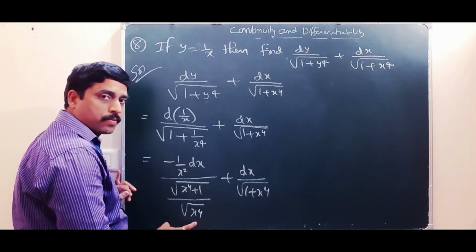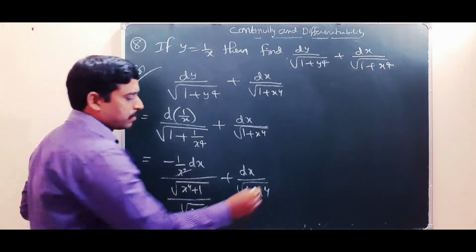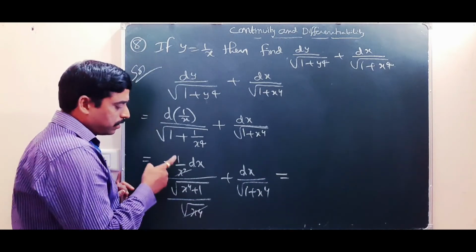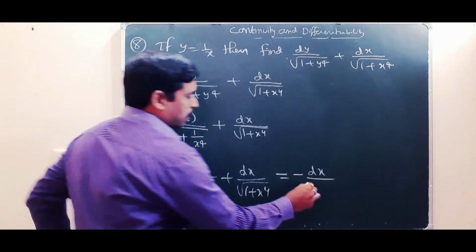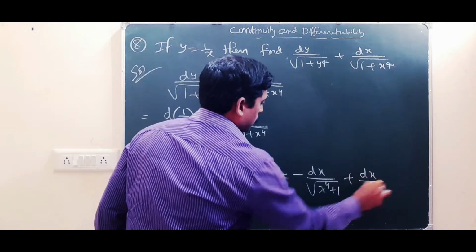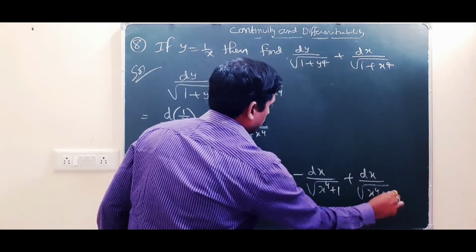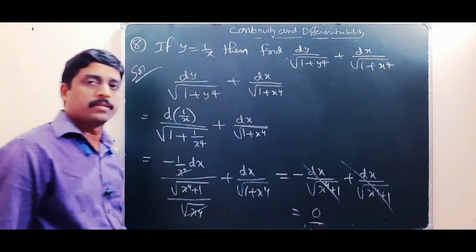So root x to the power 4 is nothing but x square. This x square gets cancelled. What we get? Minus dx by root under x to the power 4 plus 1 plus dx by root under x to the power 4 plus 1. This is positive, negative gets cancelled. What we get? 0.